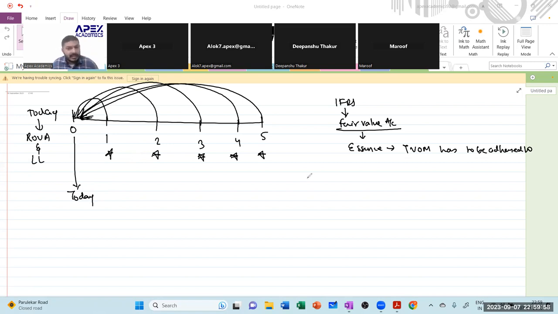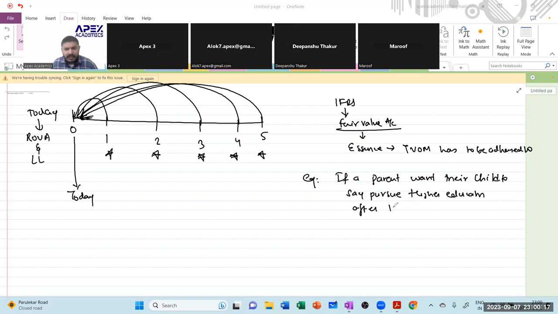The simple meaning is, for example, if a parent wants their child to pursue higher education after 10 years, and the cost of this higher education after 10 years is going to be $1 million.